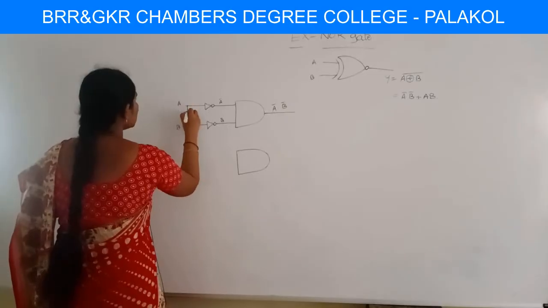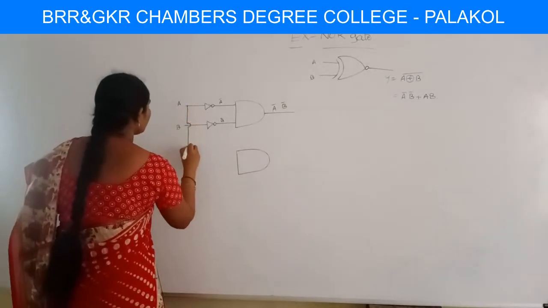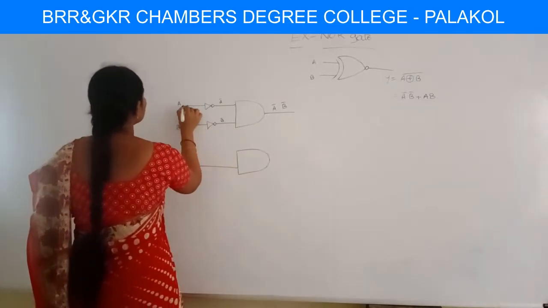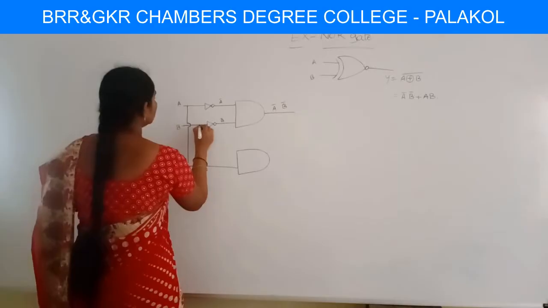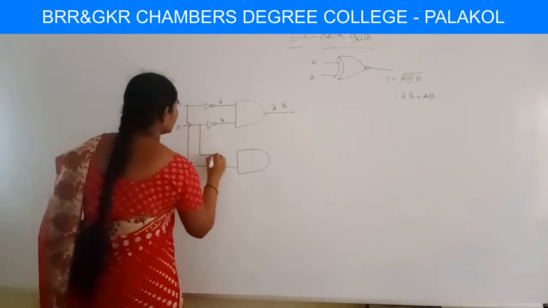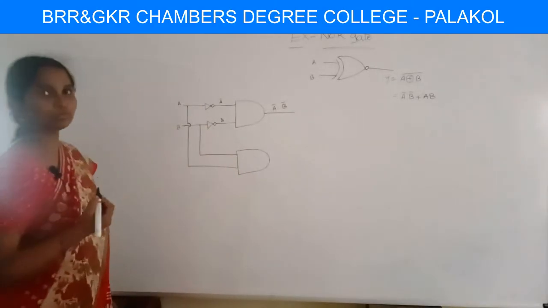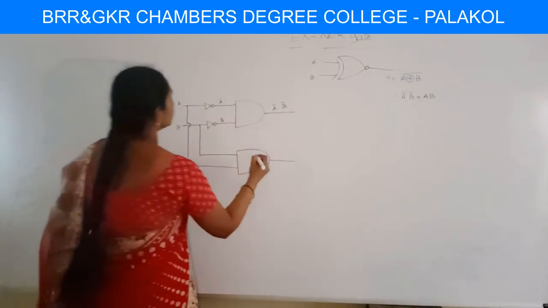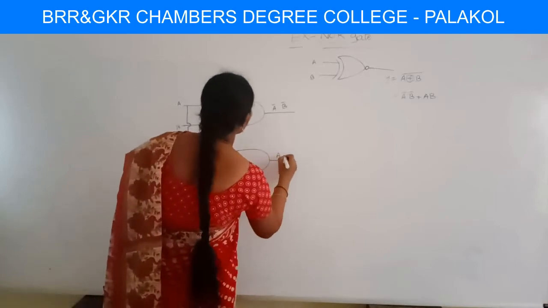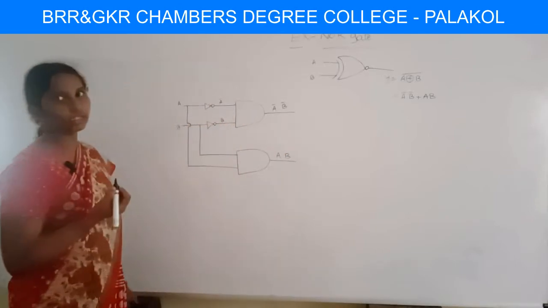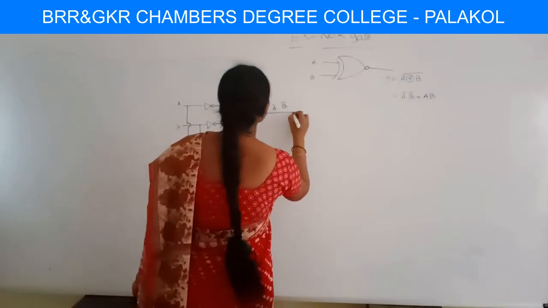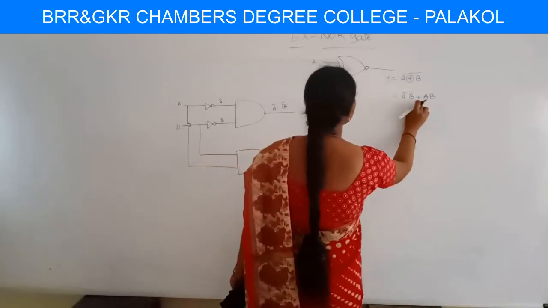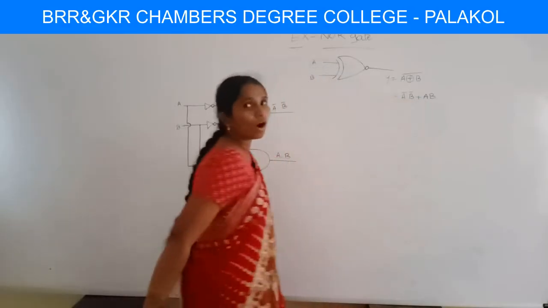So that's why I consider A here, and after that B. So for this the output is A dot B here. Now we have to connect these two with a symbol, that is the OR symbol.